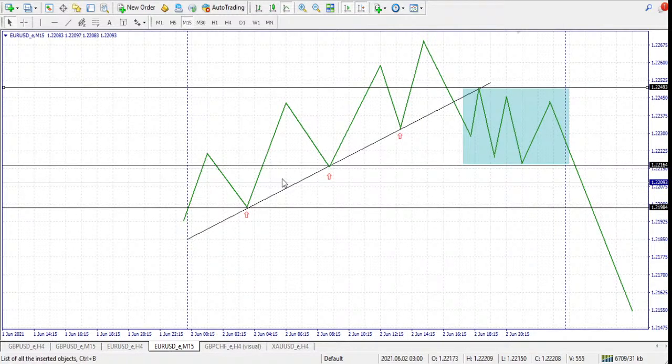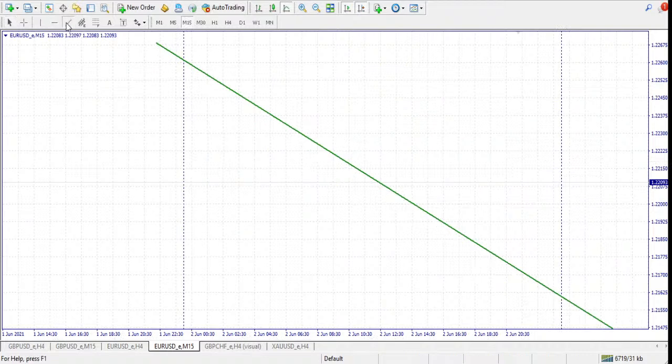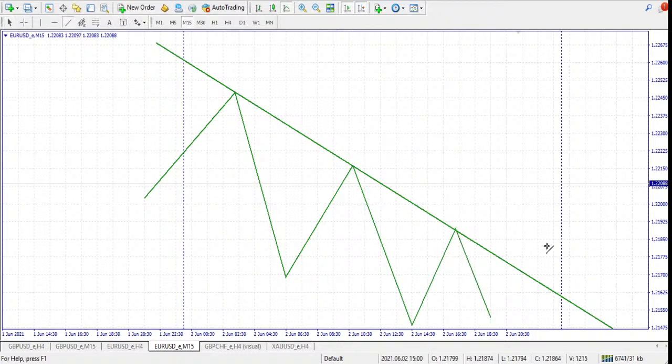Assuming you have something like this, you have a trend line, then the price keeps coming to it, then bounces off from it to the lower side. It continues down, comes back and touches it, then continues down, comes back and touches it, then continues down, then it comes back again, and then it breaks above.